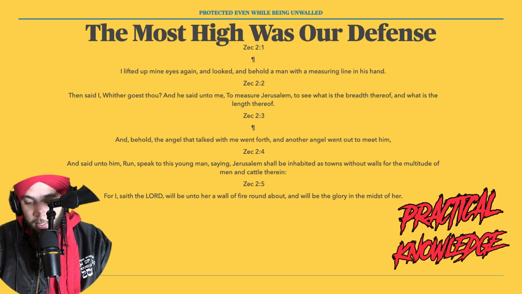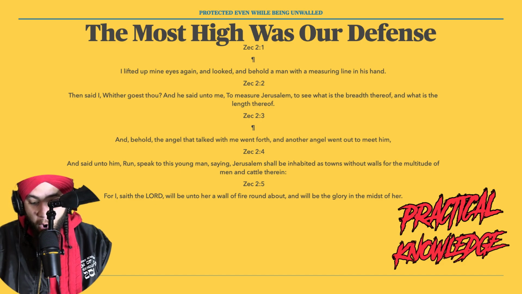And behold, the angel that talked with me went forth, and another angel went out to meet him, and said unto him, Run, speak to this young man. Jerusalem shall be inhabited as towns without walls, for the multitude of men and cattle therein. For I, saith the Lord, will be a wall unto her, a wall of fire round about, and will be the glory in the midst of her.